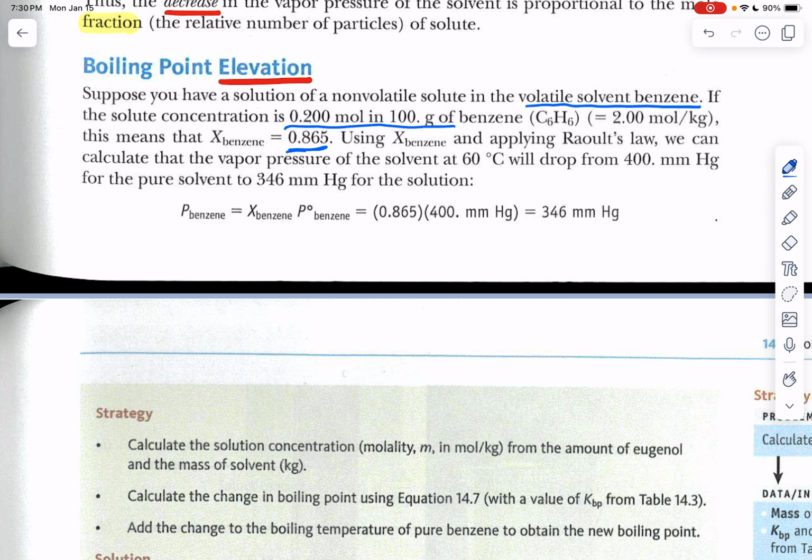You can do the math. And therefore, we would multiply the ordinary vapor pressure of benzene at that particular temperature by the mole fraction of benzene in the solvent, because it's no longer 1 or 100% since we've added a non-volatile solute, and that reduces my vapor pressure of the benzene.